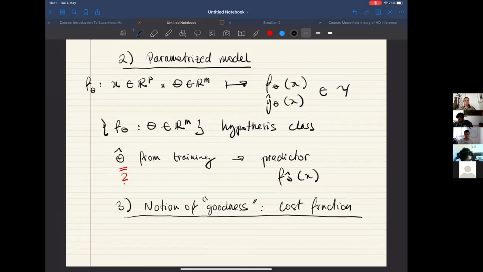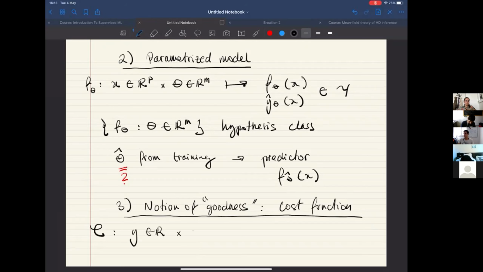So the cost function, we denote it generally C, capital C, which takes as input a true label that belongs to the training data, okay?